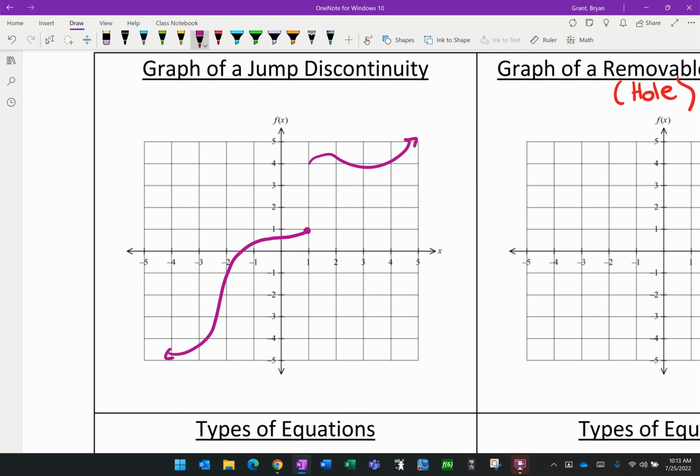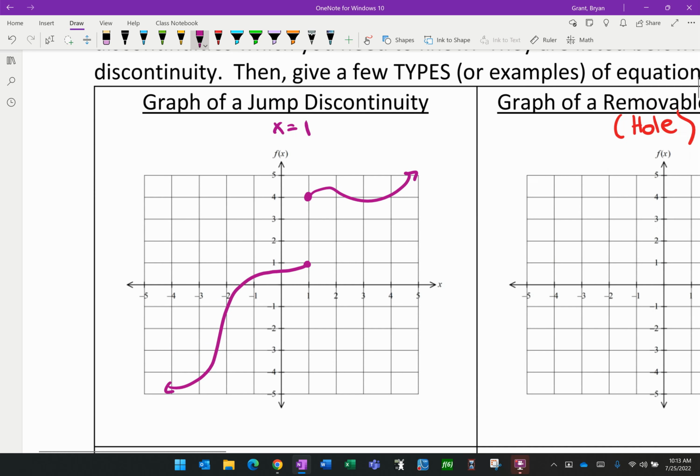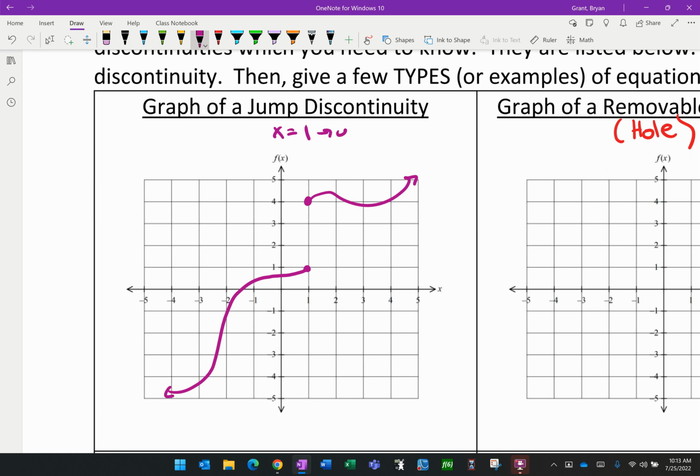Now, this means that there is a jump discontinuity at x equals 1. However, at x equals 1, we need to be careful because I put a closed circle at the point (1, 1). I cannot put a closed circle at (1, 4). Do you see why? Well, if I did put a closed circle there and I asked you, what is the y value when x equals 1? You might say, is it 1 and 4?